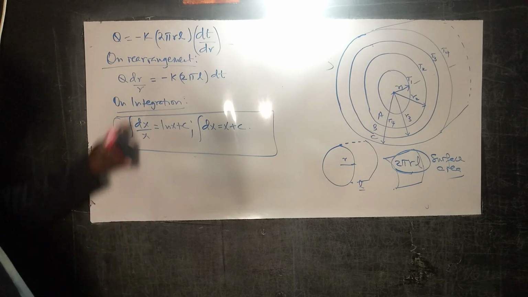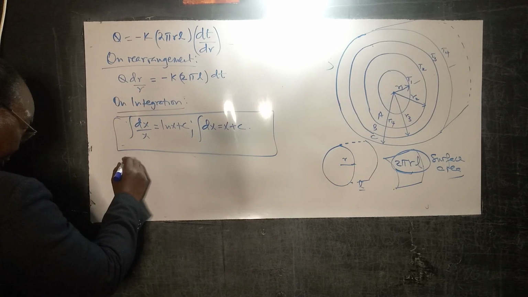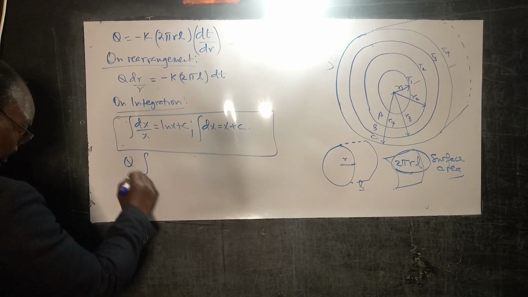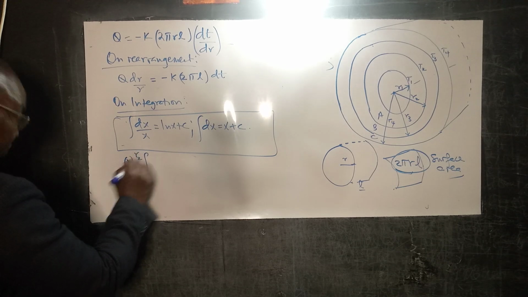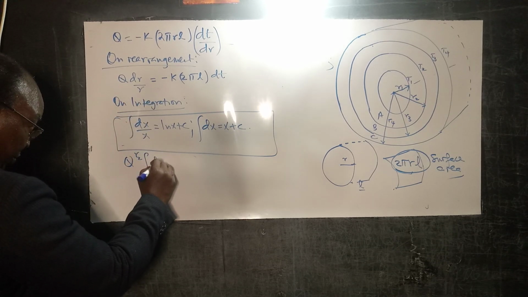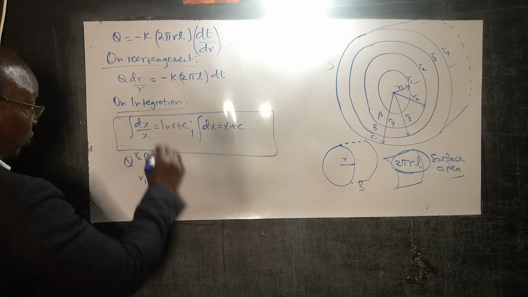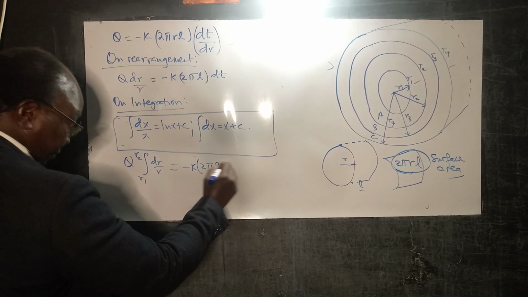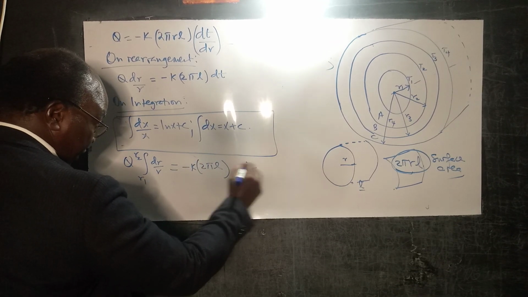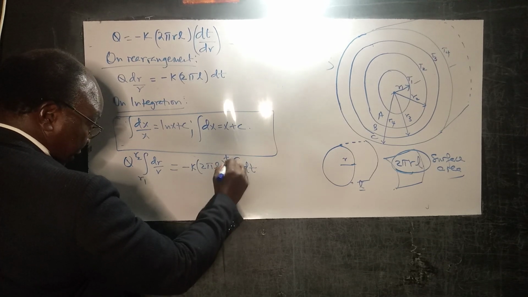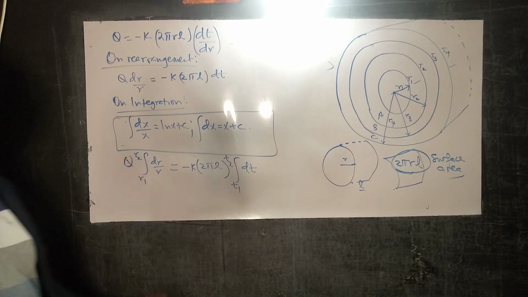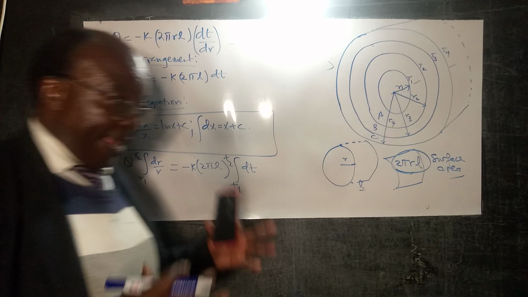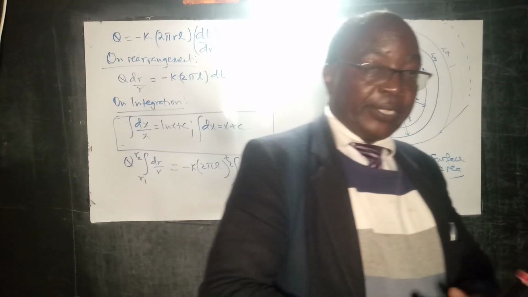These are the ones I'm going to apply here. So we have Q integral from r1 to r2 of dr over r equals minus k 2 pi L integral from T1 to T2 of dT. Very straightforward. We simply applied Fourier's law to the system.